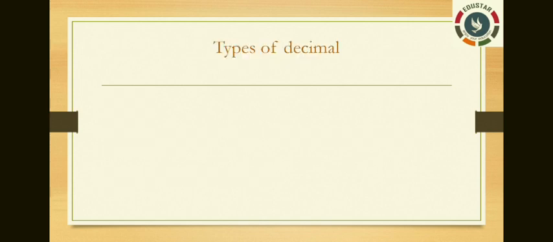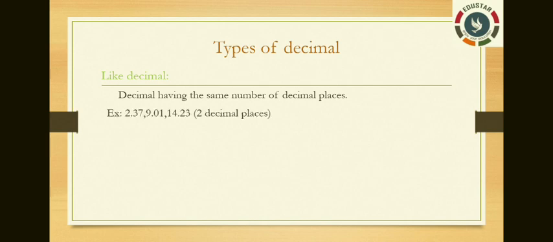Let us see the next topic, types of decimal. Decimals can be classified into two types, like decimals and unlike decimals. Like decimals are decimals having the same number of decimal places. Example: 2.37, 9.01, 14.23.